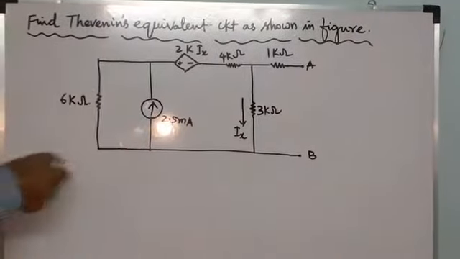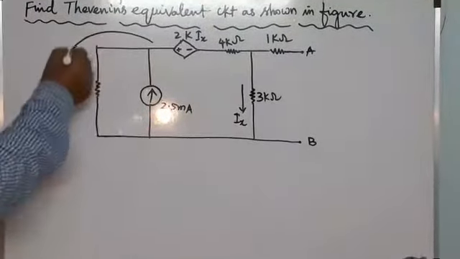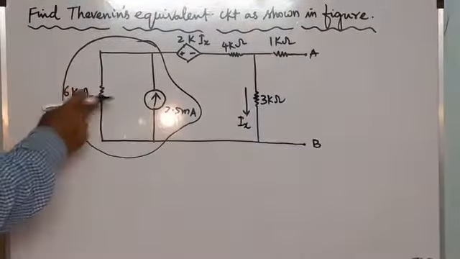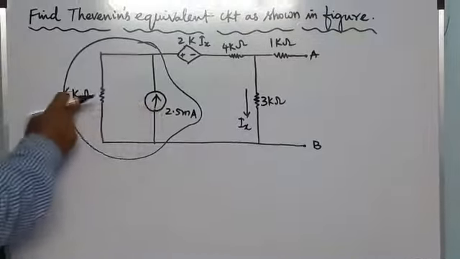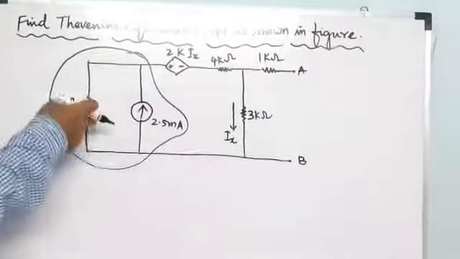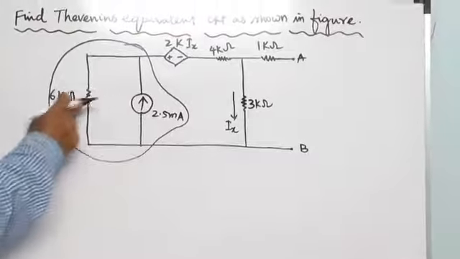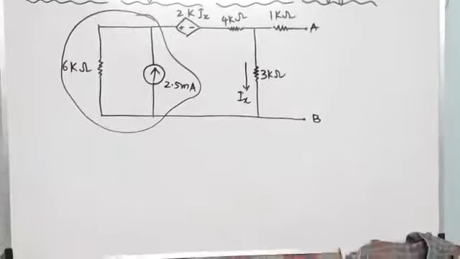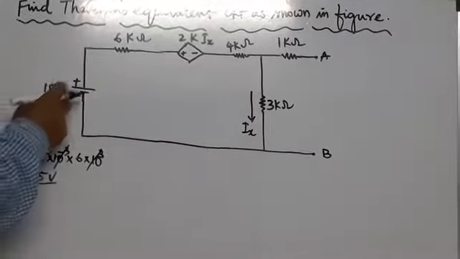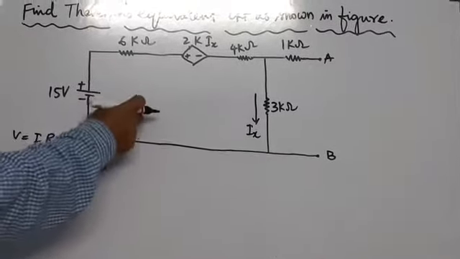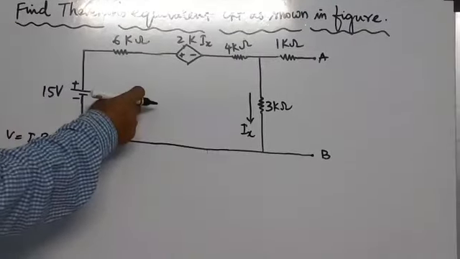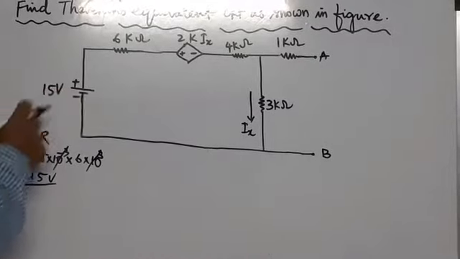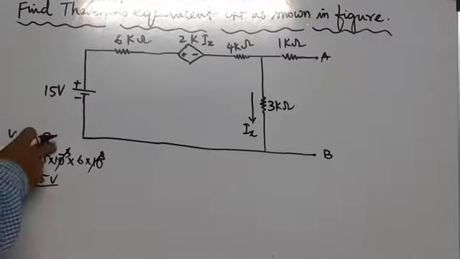In this circuit, we want to rearrange it, because this is an independent current source with a parallel resistance. I want to change it into an independent voltage source along with a series resistance. So V is equal to IR.